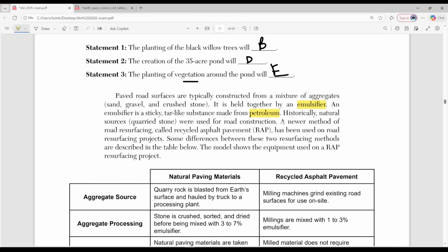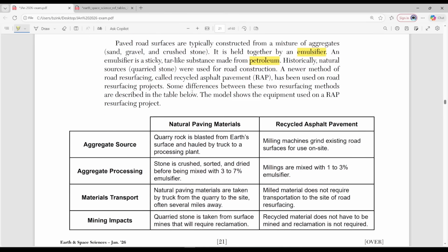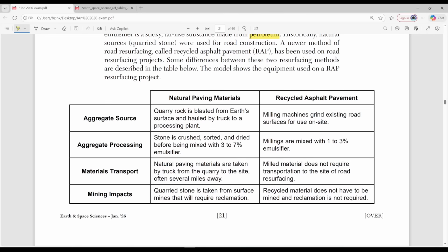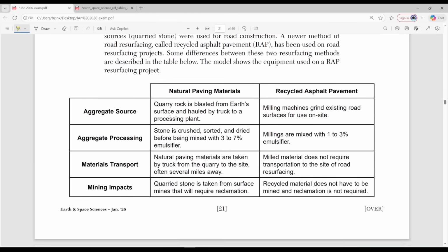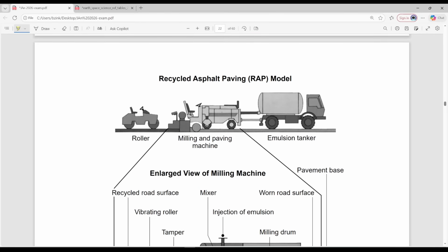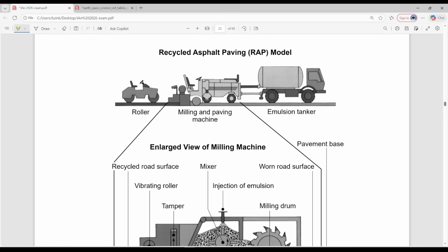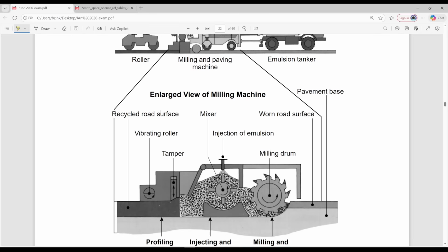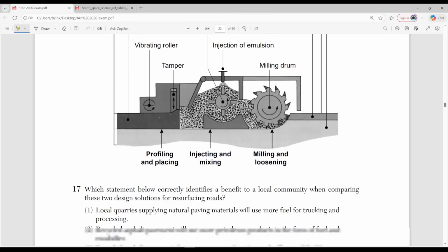Of course, why wouldn't they be described in the table below? Of course. Okay, here we go. Blah, blah, blah. Whatever. I'm literally not reading that. I'm just going to see what it has to say down here. Recycled asphalt paving model. This is crazy to me. Okay.